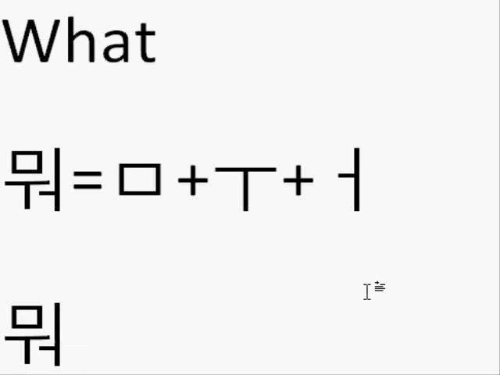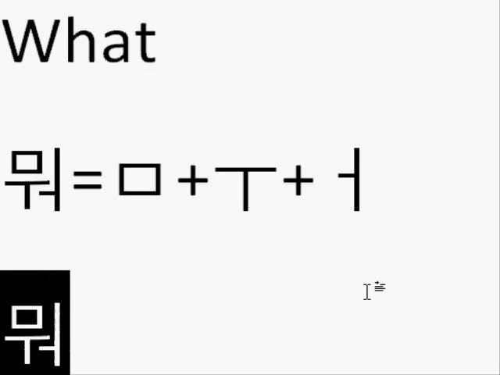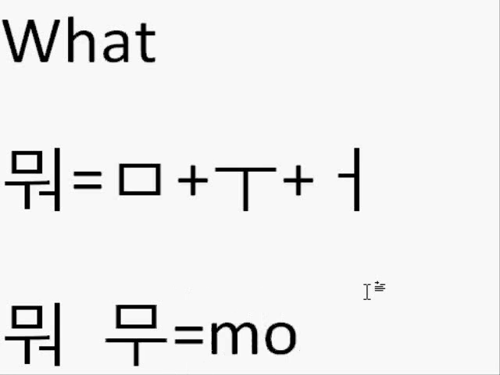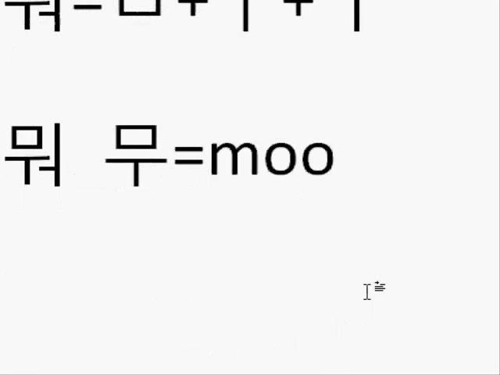So the M sound plus the bottom vowel creates mu. This is equal to M-O-O, mu. Please refer to the list of consonants and vowels that you have, and see the corresponding ones, and you will be able to pronounce them.